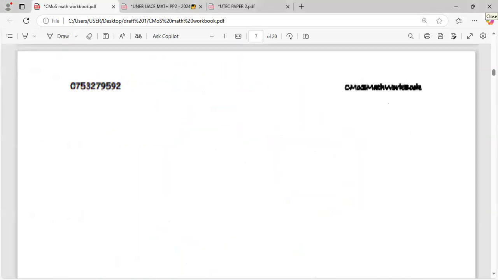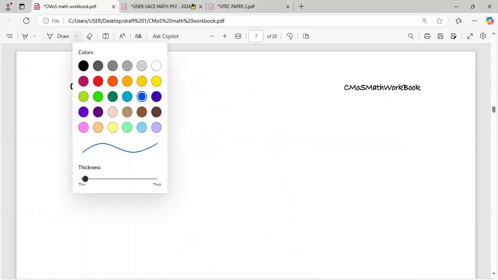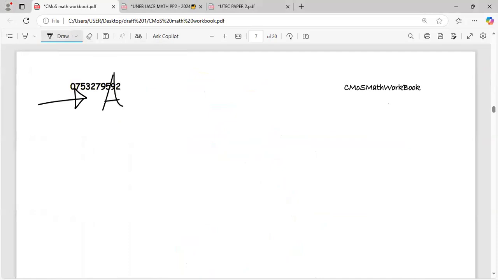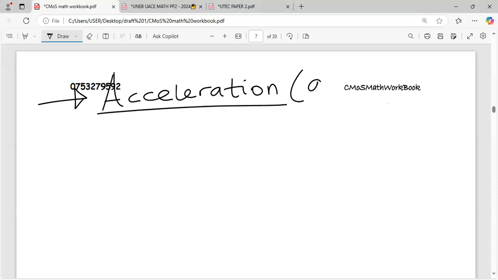Again, physics students, someone already told us what acceleration is. Acceleration is the rate of change of velocity, or change of velocity with respect to time. Exactly. So acceleration, I agree that this one is just small a, not forgetting that.